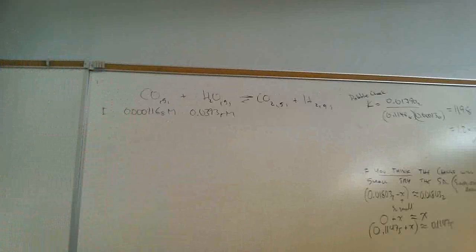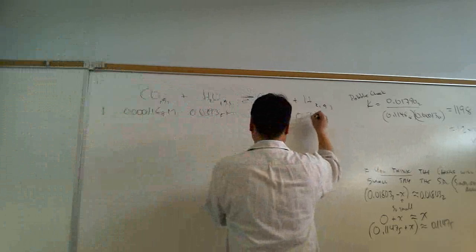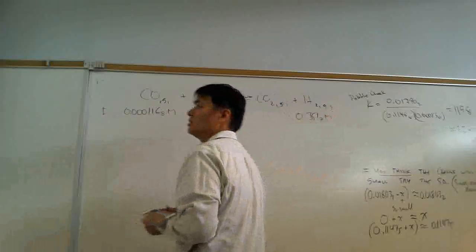And then hydrogen, we got 1 divided by 2.016 divided by 1.41, 1.351 molar. So those are initials.